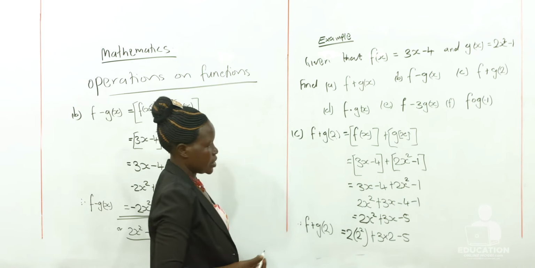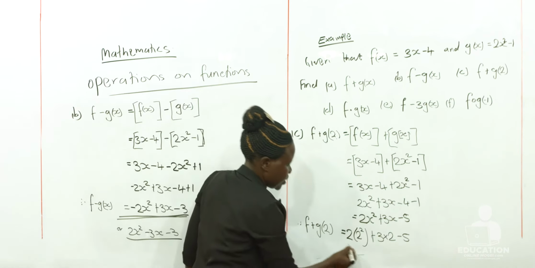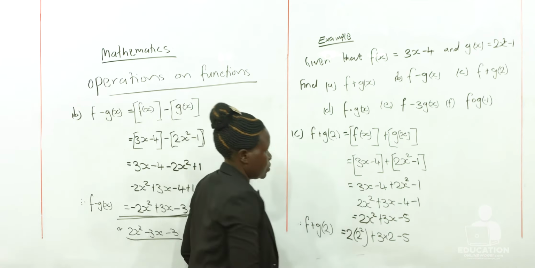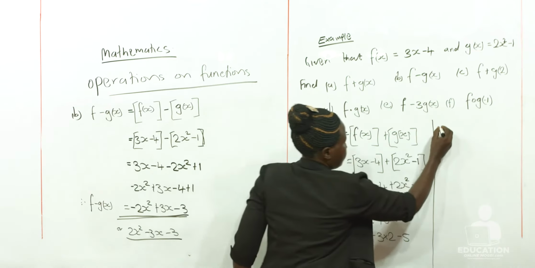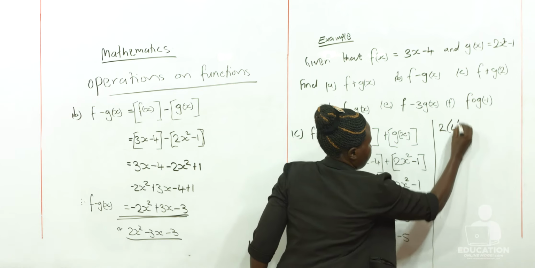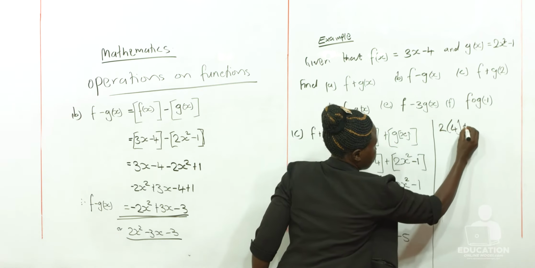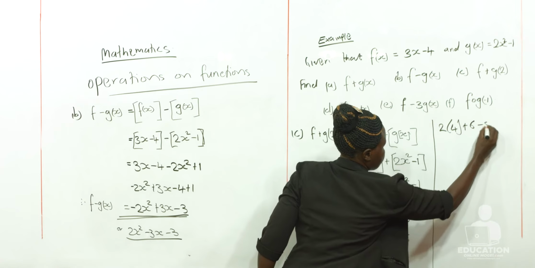So that is how you express it, and then here you get 4, so we get 4 plus 6 minus 5.